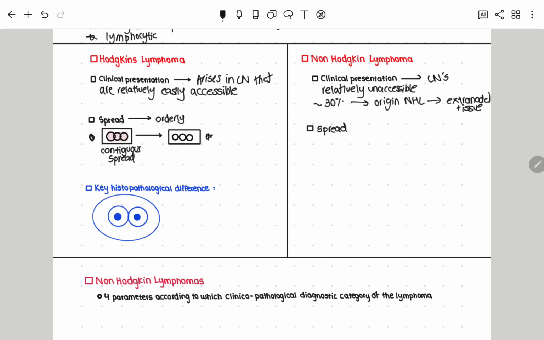Compare this to non-Hodgkin's lymphoma, and you can already imagine that their spread is disordered. There is no order in how these cancer cells will spread, and so it has disordered spread, which is completely unpredictable.